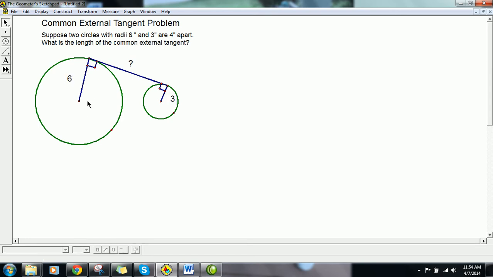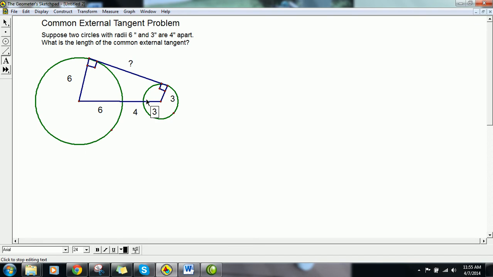All right, the next thing I want to do is create what's called the center to center distance. So I'm going to create the segment from the center of one circle to the center of the other. I can find that length because it's the first radius, 6, plus the distance between, which is 4, plus the other radius, 3.